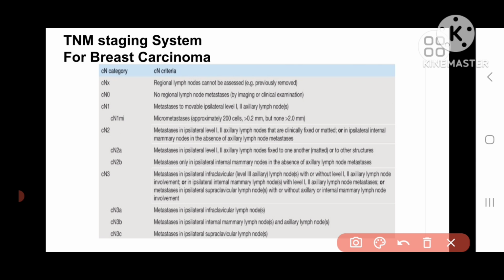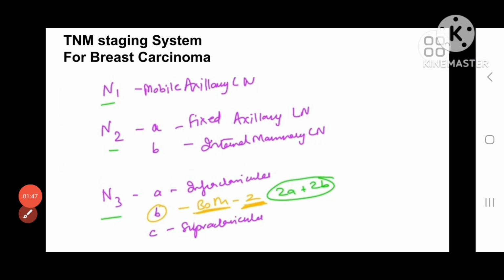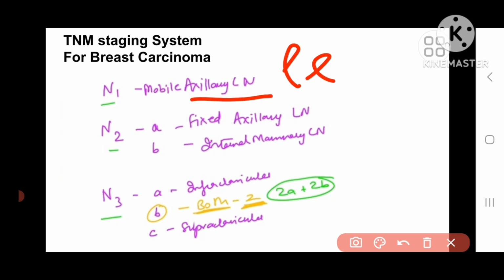So I have simplified this table in this manner. N1 means metastasis to axillary lymph nodes level 1 and level 2 but movable.